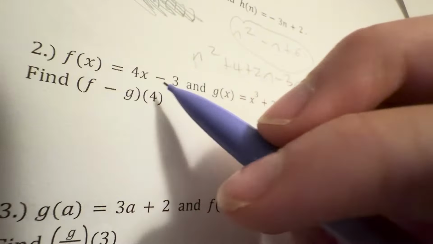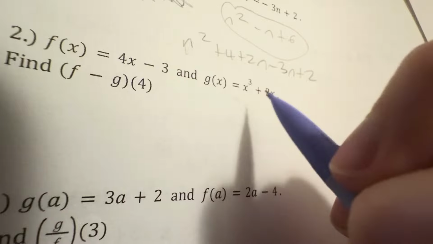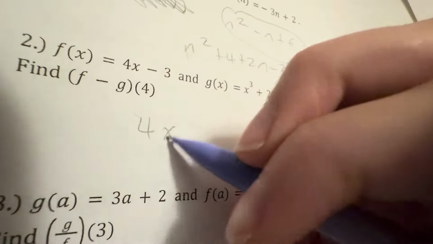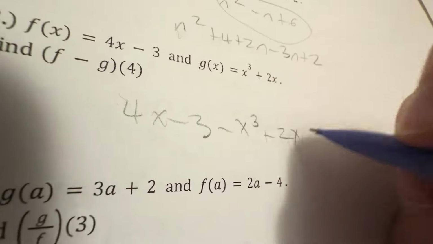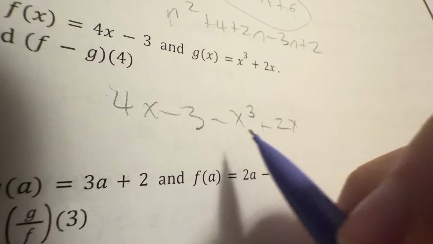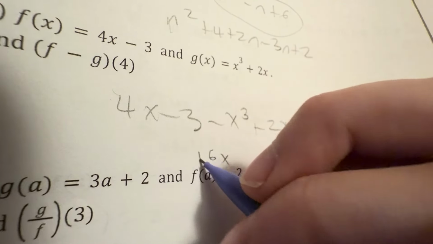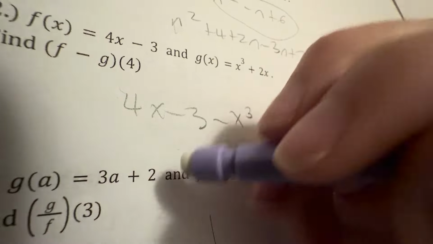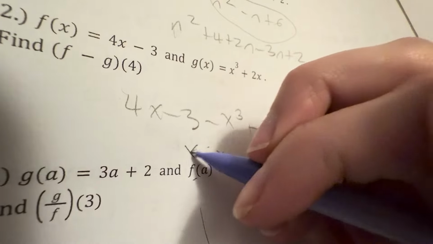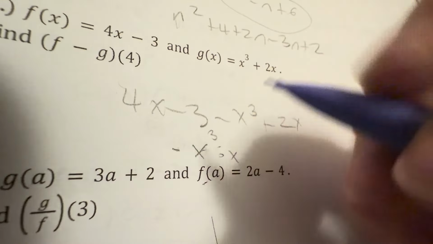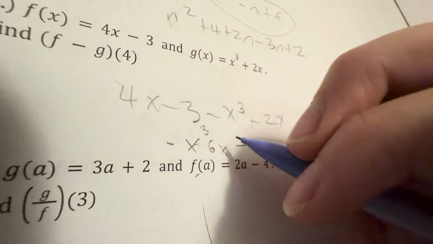Okay, so then this we would just do 4x minus 3 minus x cubed plus 2x. So 4x plus 2x, 6x, and then the x cubed goes in front, and then minus 3. Boom.